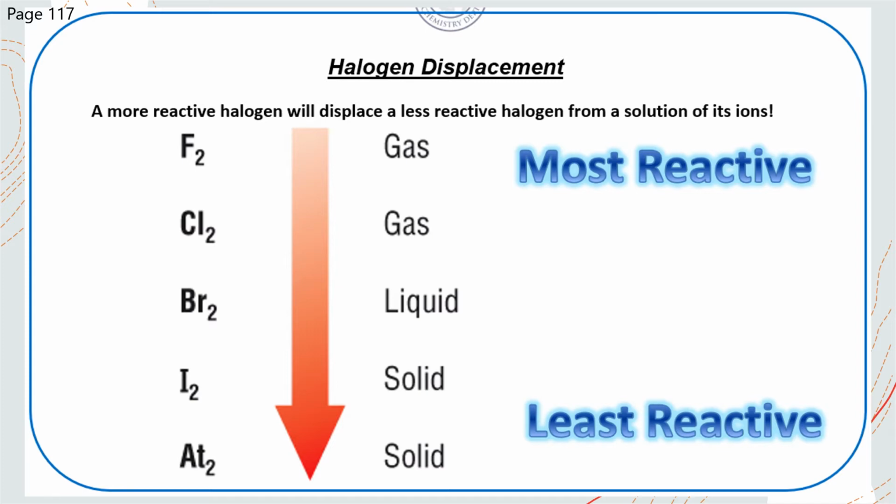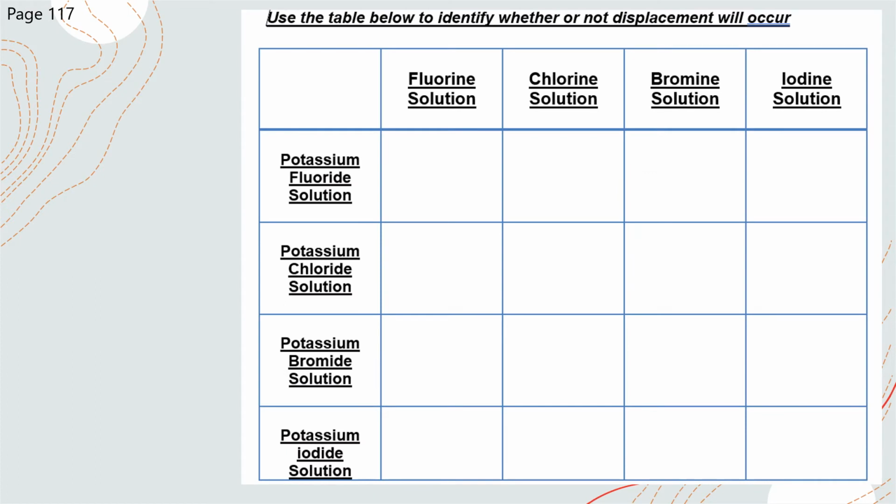So we're going to look at a few examples in the table below to help us get our head around that. On this table, at the top we've got fluorine solution, chlorine solution, bromine, and iodine solution. So these are your elements in this reaction.